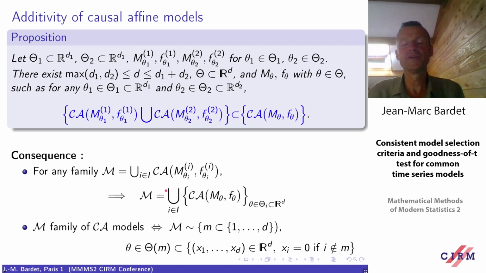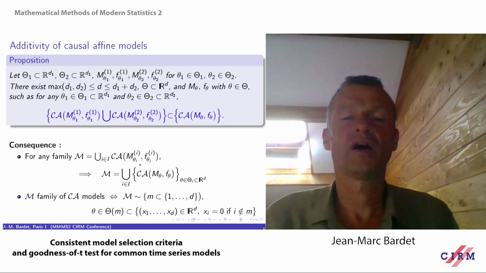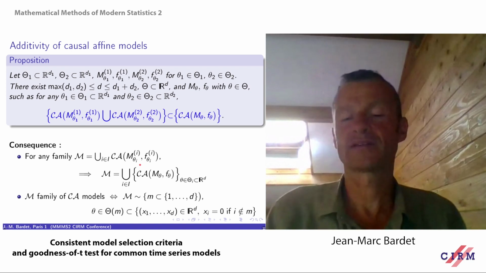To be more precise, for instance, we can write all the ARMA(p,q) processes using the ARMA(pmax,qmax) process. For instance, ARMA(1,1) could be expressed as a particular case of ARMA(pmax,qmax).